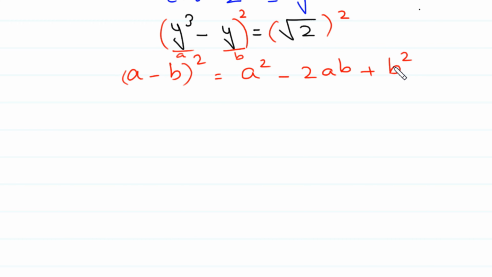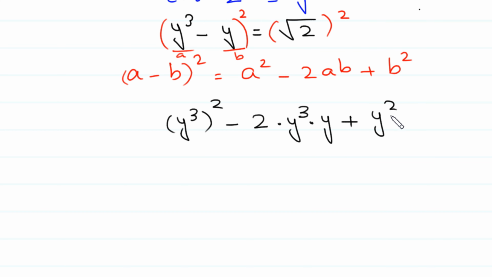So according to this formula we write here y cube square minus 2 times y cube times y plus y square is equal to, this square will be cancelled with this square root and here left 2.